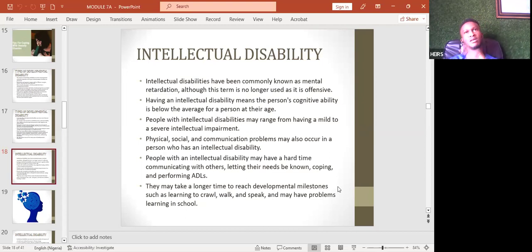Now, making a referral back to where we started, I said developmental delay can be categorized as a developmental disability, which is usually temporary. Then the inability to completely perform tasks over a long period of time, even throughout the person's life, is also a developmental disability, and that is permanent.